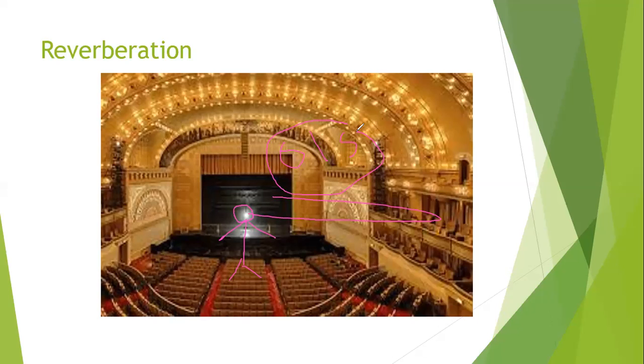But you cannot differentiate between the reflection times. Because the reflection time is very, very small, it seems like you are speaking continuously. That is called reverberation. In reverberation, you cannot differentiate between the reflected sounds.